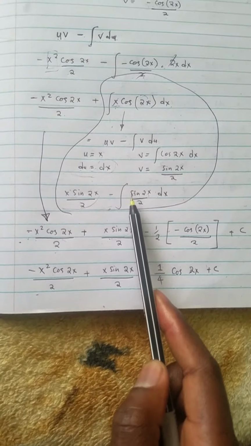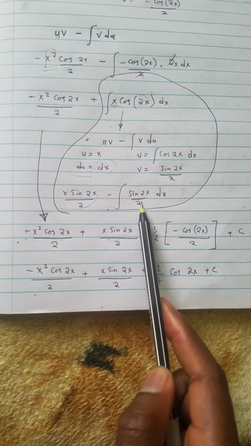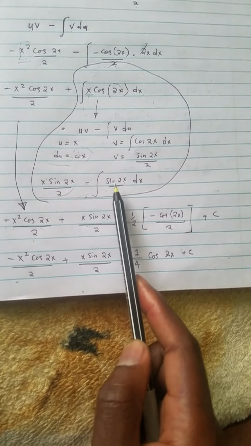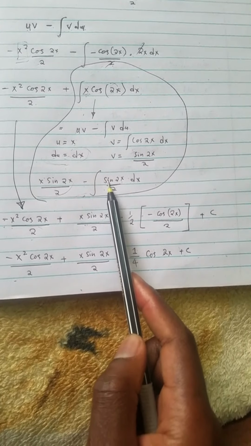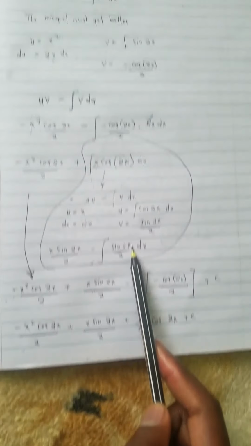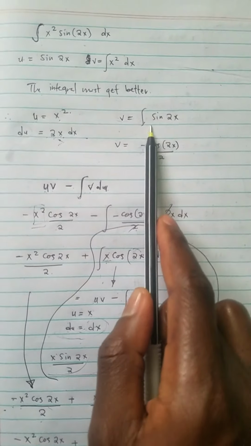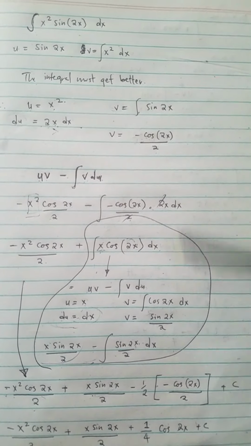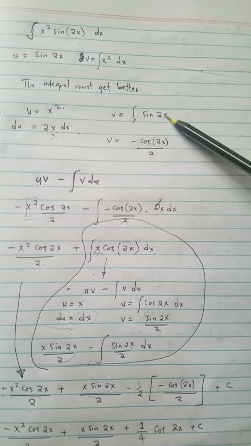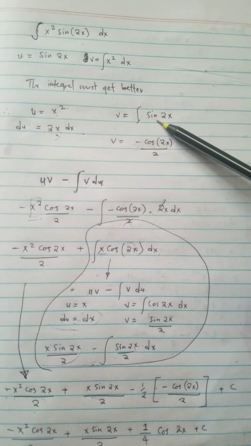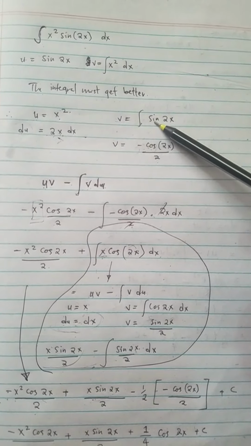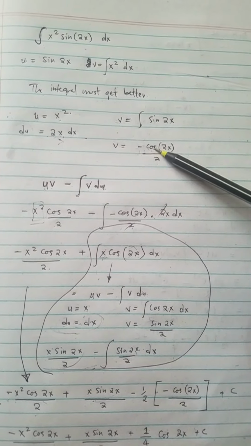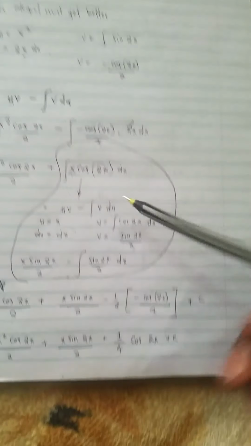But remember, because we can take this 2 outside, we are basically just integrating sine 2x. But remember, we've already integrated sine 2x. We have the value right here, which is that the integral of sine 2x is negative cos 2x over 2.